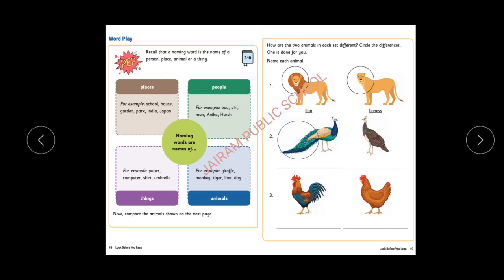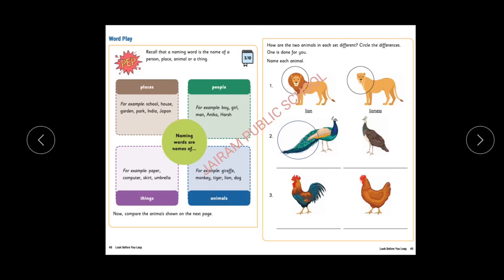That is called a naming word, otherwise called a noun. Now we have 4 categories here, 4 kinds we can say: places, people, things, animals. So totally 4 kinds. Number 1, places.